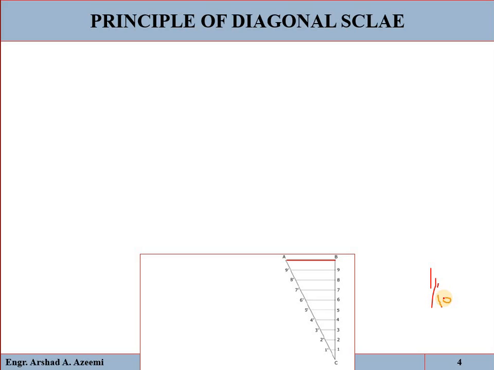That is the principle of the diagonal scale. Remember, first you will have to know about the graphical division of a short line, that is, how it will be divided into multiples of 1/10.